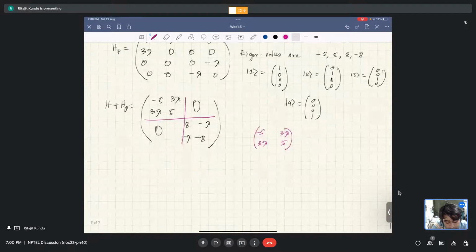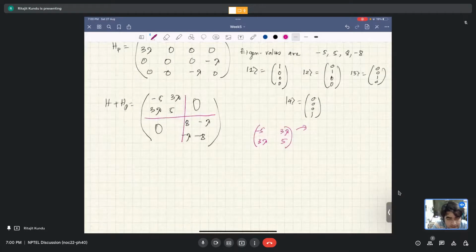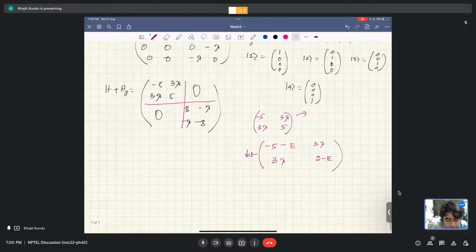To calculate its eigenvalues, we have to solve the characteristic equation, which is given by the determinant of this matrix.